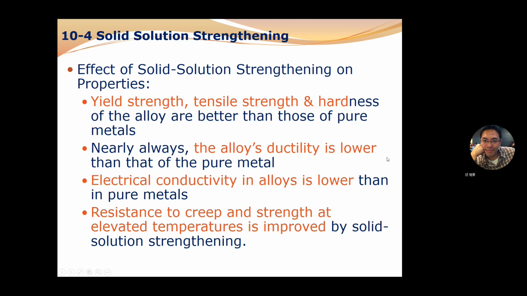That's for sure. So what's the application of the solid solution? It totally depends on your application. For some, like the electrical industry, we always need a very pure metal for electron transformation or electron movement.